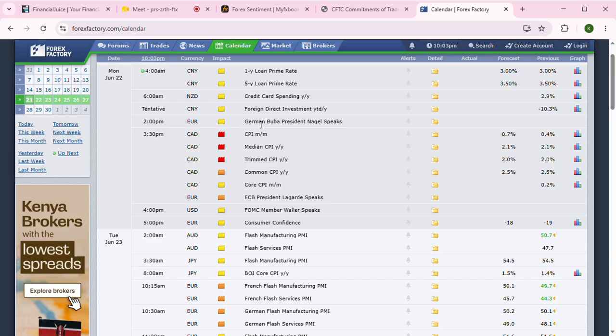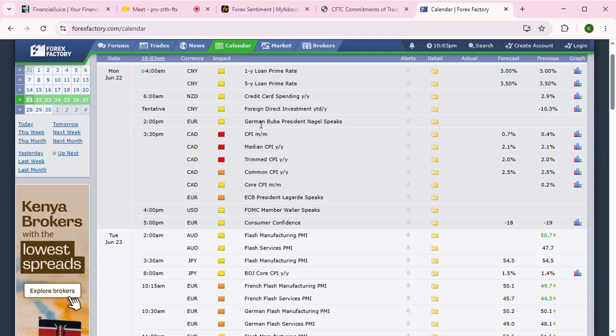In Germany, we are going to have Bundesbank President Nagel speaking. At 3:30 p.m. we are going to have CPI for Canada. For this one, I'm not going to give comments because I don't follow the Canadian economy.